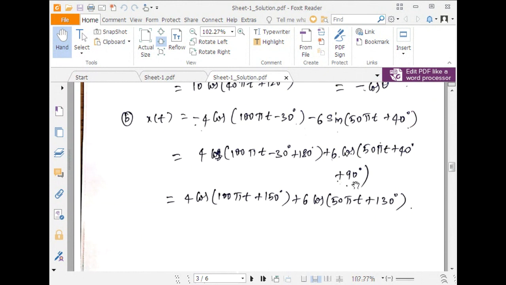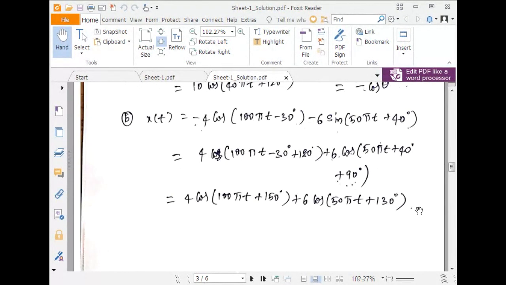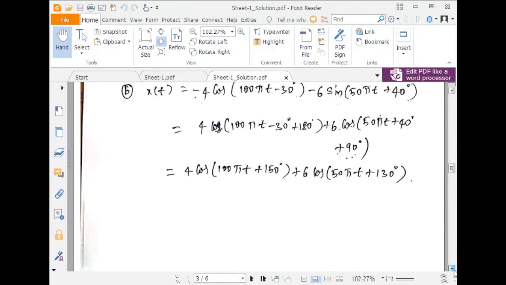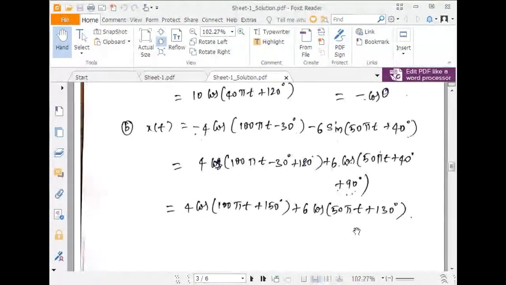Is it clear? Can you explain the part of sine, sir? Okay. See, I did not write the formula here. I forgot to write it, because I thought everybody knows the trigonometric functions. You can explain without writing. Okay.